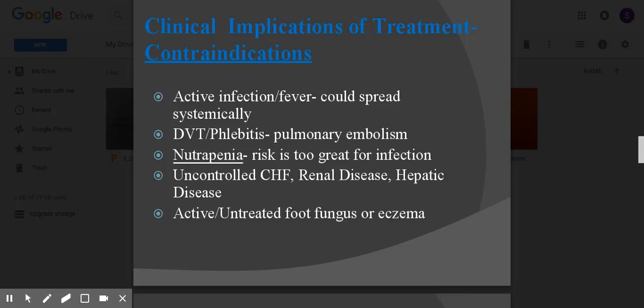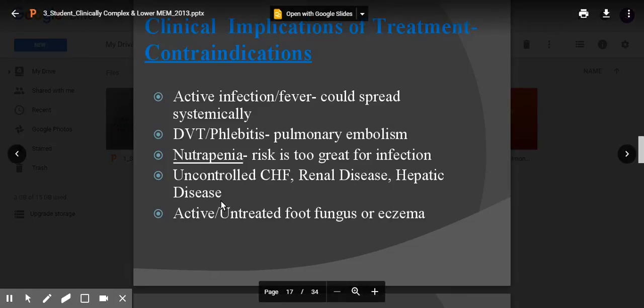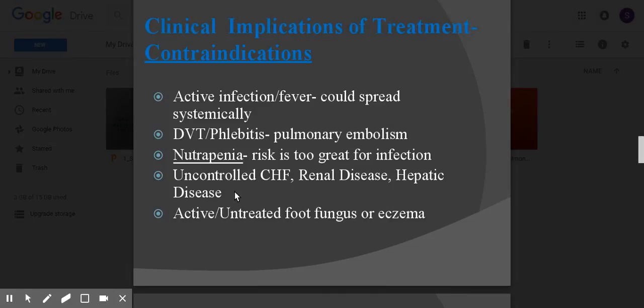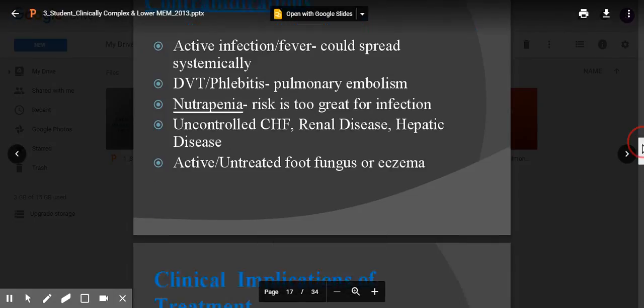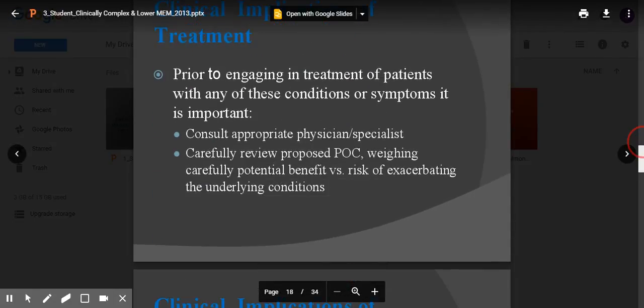Neutropenia is certainly a risk: whatever sort of infection, bacteria, things that are being moved around in the system, if their white count is just too low to handle that, it is a contraindication. If that patient has uncontrolled CHF, renal disease or hepatic disease, we would withhold treatment until it is under control. And finally, some active or untreated foot fungus or eczema, you can spread that infection around.